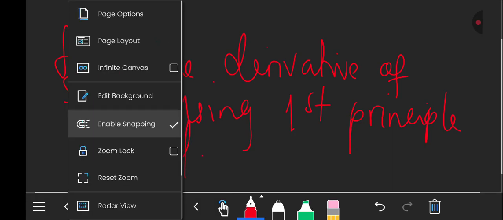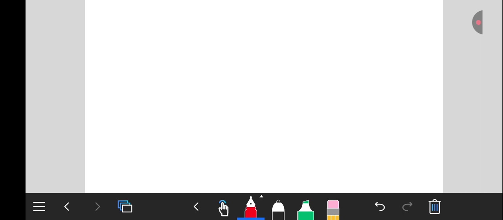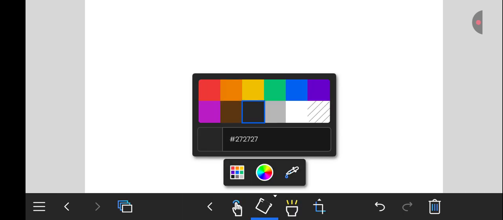So let's see how we can find the derivative. Okay, so you are finding the derivative of sin x.